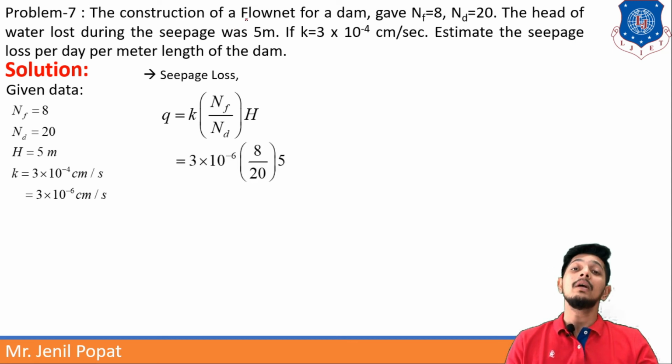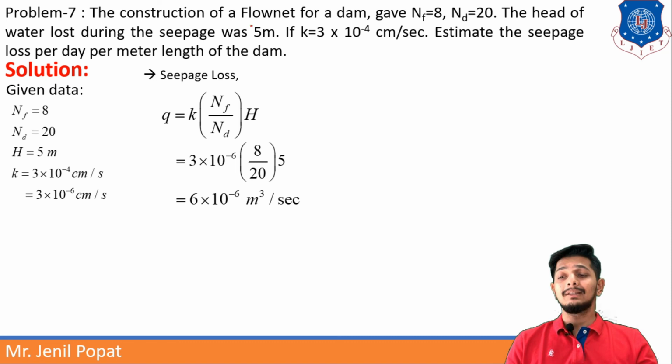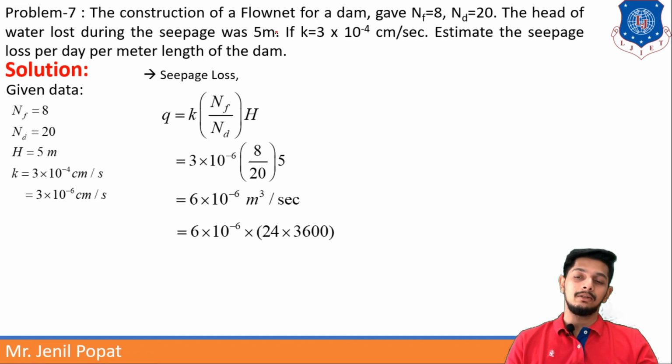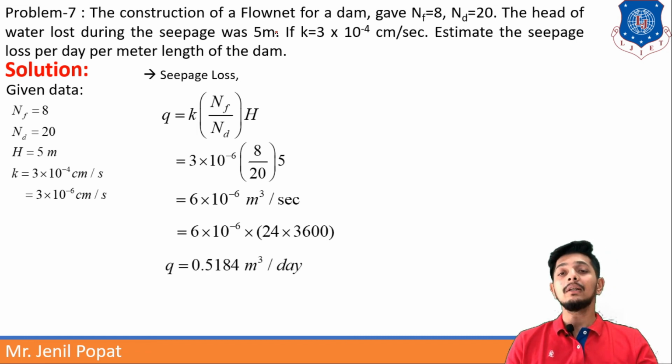Sometimes in problems, shape factor is also provided. Now putting K, NF, ND and H values, I am getting Q as 6 into 10 raised to minus 6 meter cube per second, but I want it per day per meter length of the dam. So I am converting it into per day per meter. So Q comes out as 0.5184 meter cube per day.